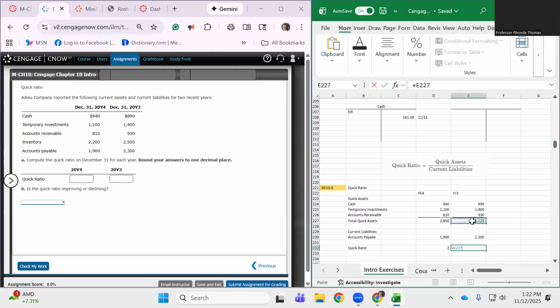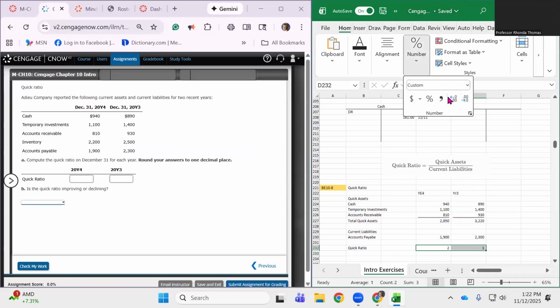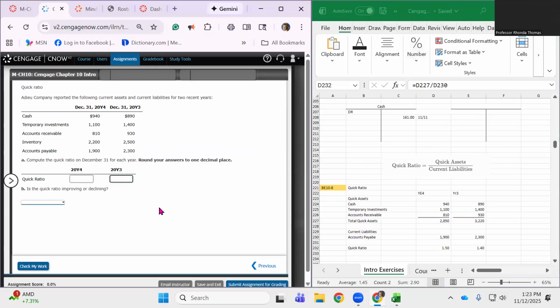Equals quick assets divided by our current liabilities. And now I'm going to make these into 2 decimals. So year 3, we had a quick ratio of 1.4, and year 4, we have a quick ratio of 1.5.